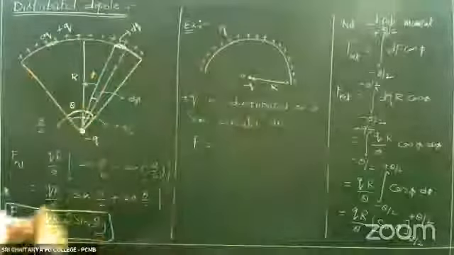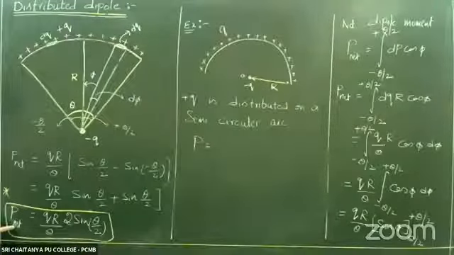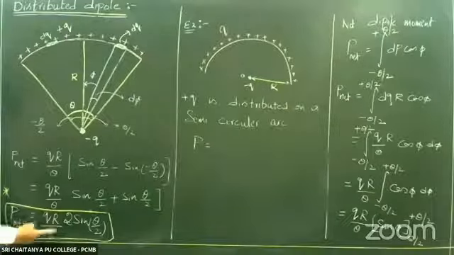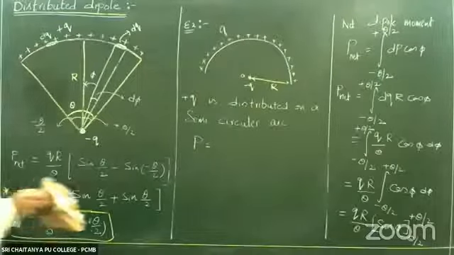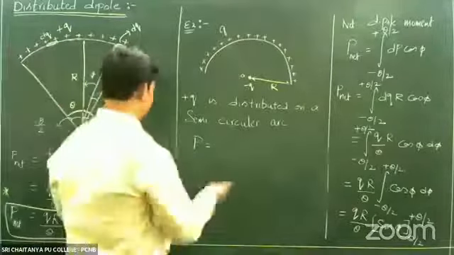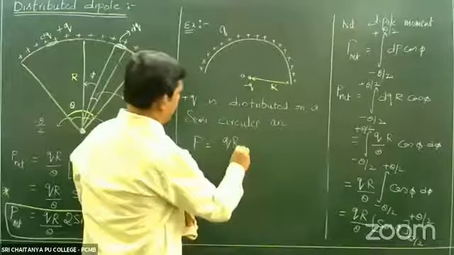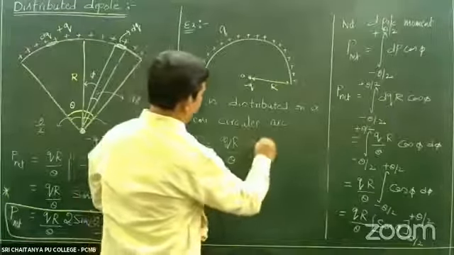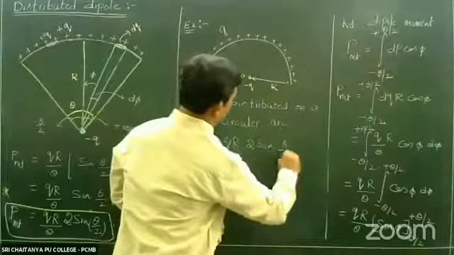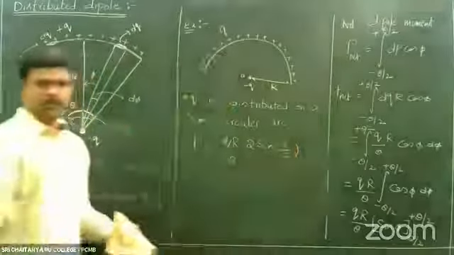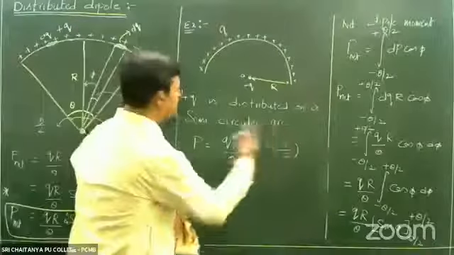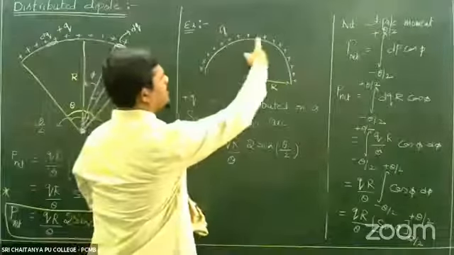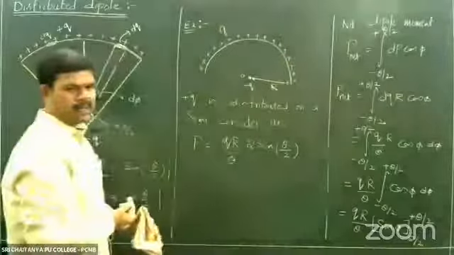What is the formula we have? QR by theta, 2 sine theta by 2 is the formula. Here we need to know what is theta. Here it is distributed on a semi-circular arc.